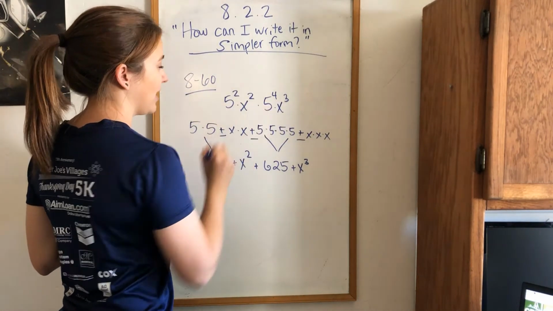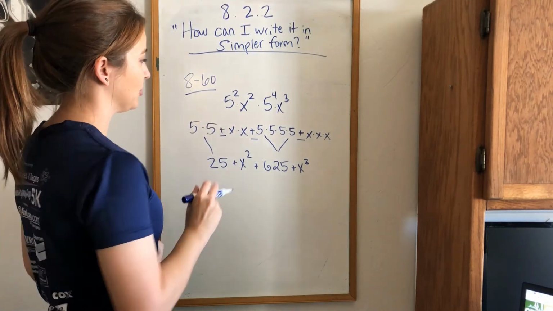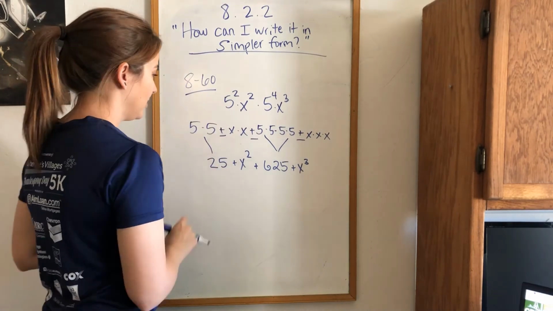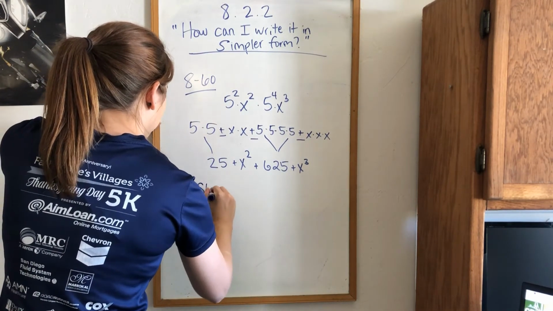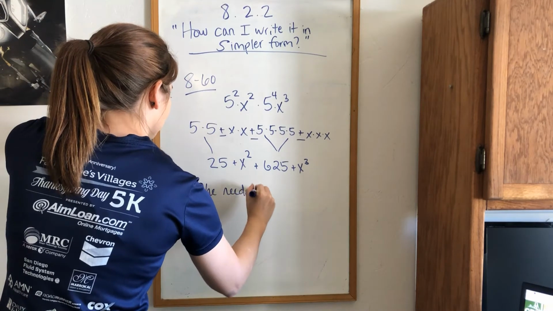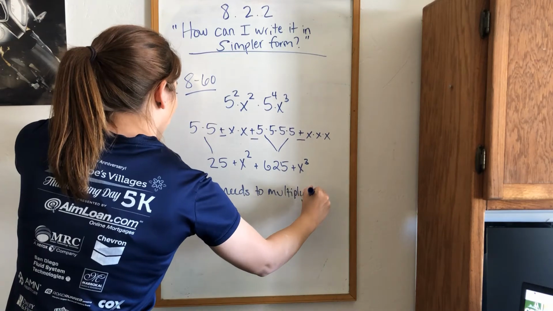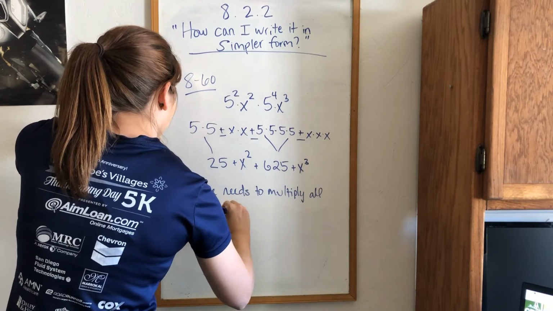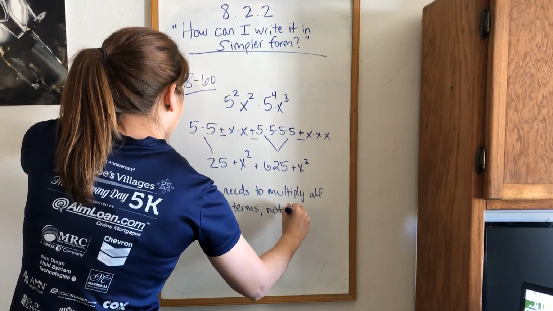If anything's right next to something without any symbol, it's always being multiplied. So everything's being multiplied. So she needs to multiply all the terms, not add them.